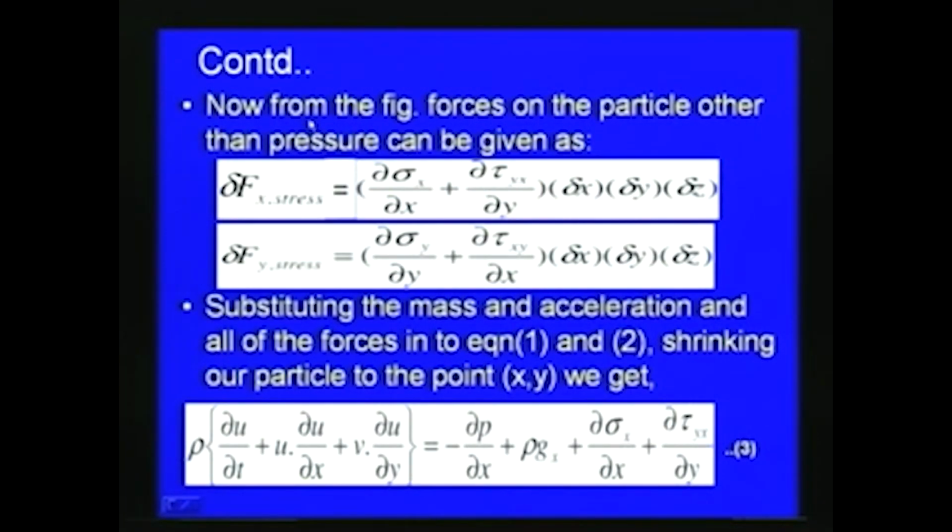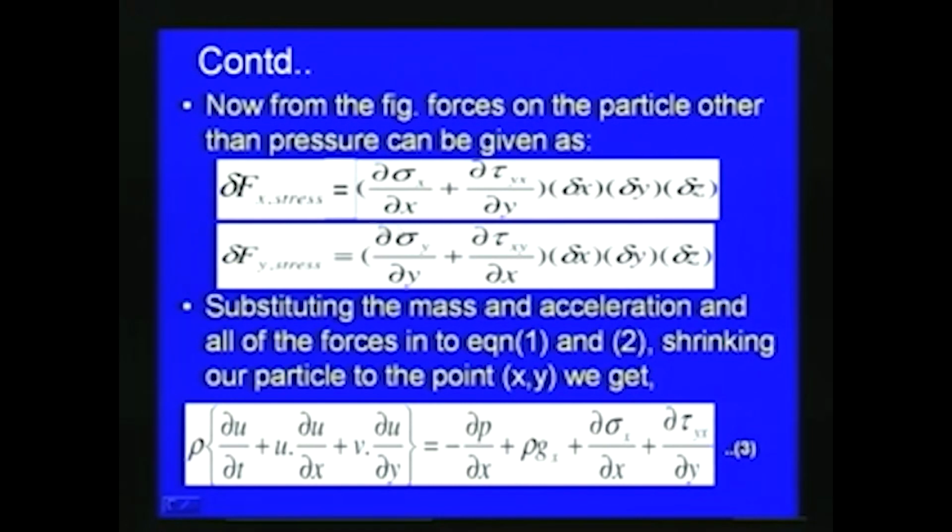Considering the force on the particle other than the pressure, delta F_x stress, with respect to the normal stress and shear stress, we can write as ∂sigma_x/∂x plus ∂tau_yx/∂y into delta x delta y delta z. That is the net stress force in the x direction, and similarly the net stress force in the y direction can be written as ∂sigma_y/∂y plus ∂tau_xy/∂x into delta x delta y delta z.